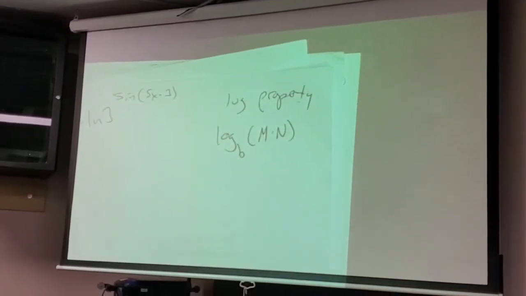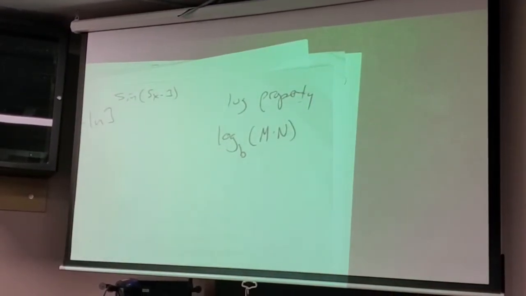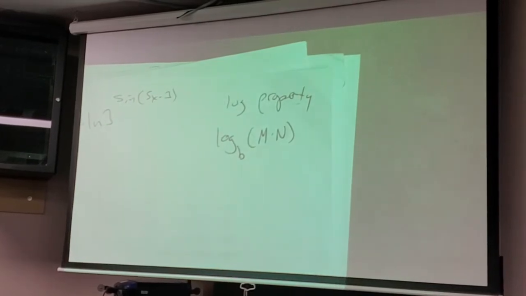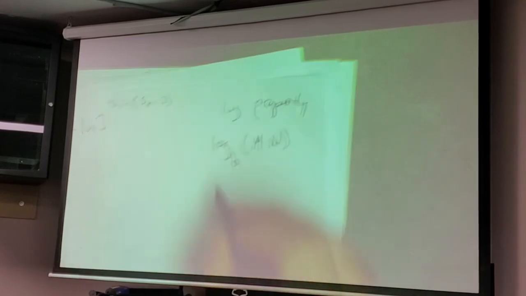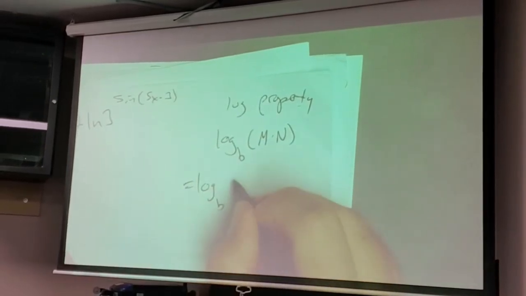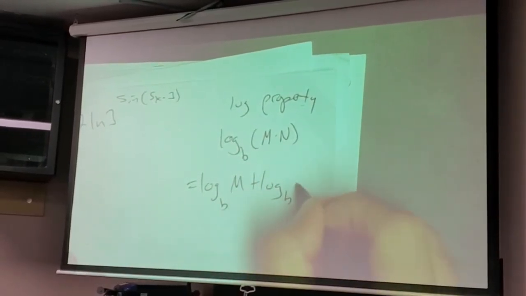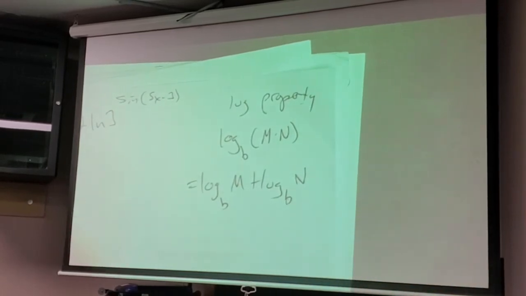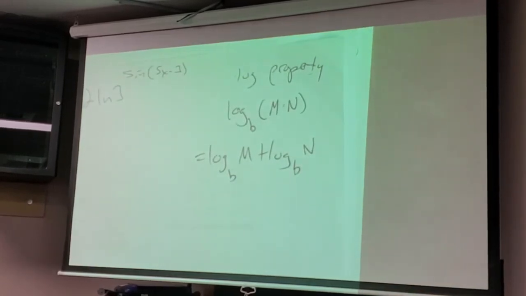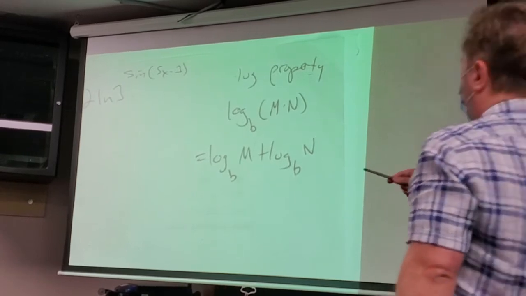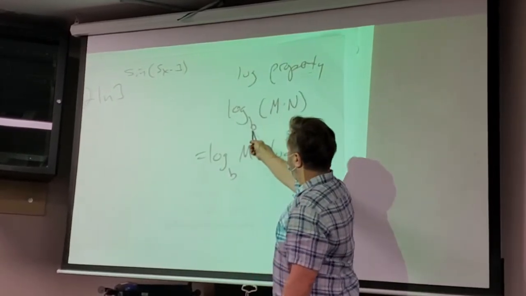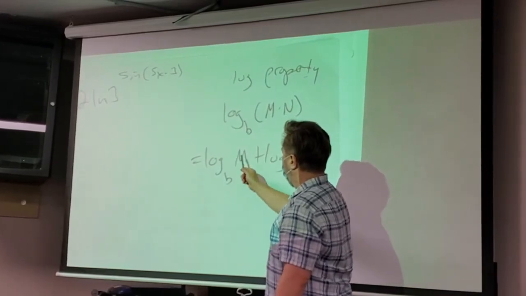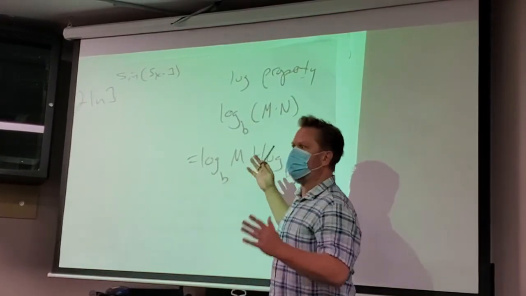So look at this property. This is how I teach this. Logs are powers, therefore their properties are the same as the properties of powers. Because that's what they are. So this will be log base b of m plus log base b of n. The power on the product of two things with the same base will be the sum of each power. We know that.